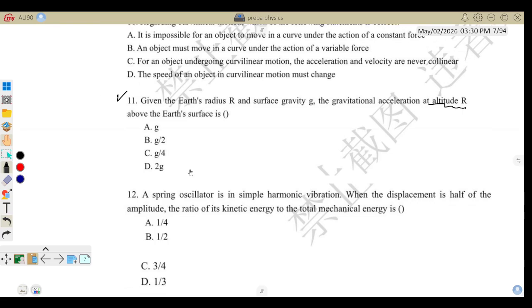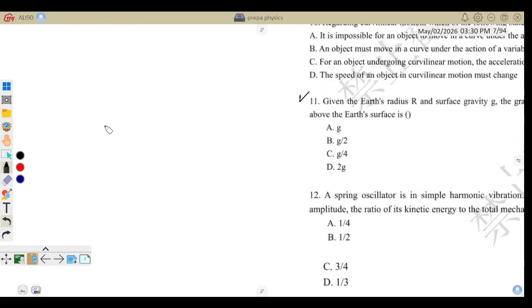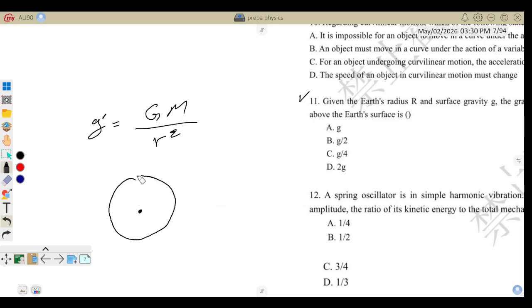As we have seen together in the course, let's denote g prime, for instance, with the formula g' = GM divided by r squared. The r is just the distance between the center of a certain planet and the location where we are calculating this acceleration.